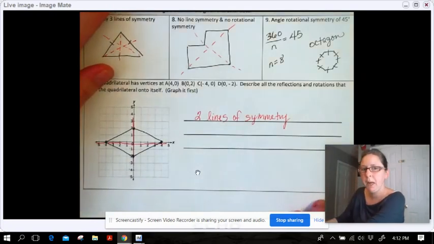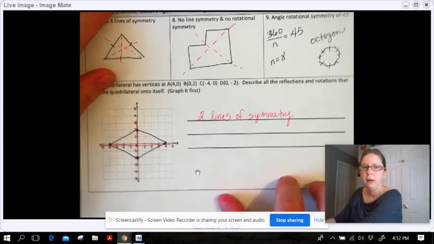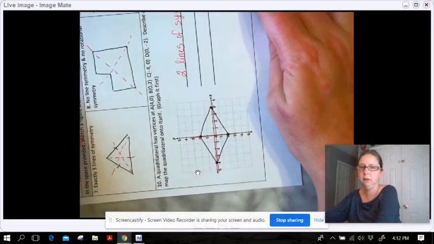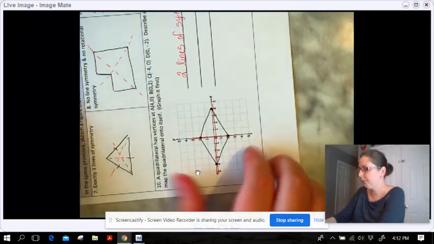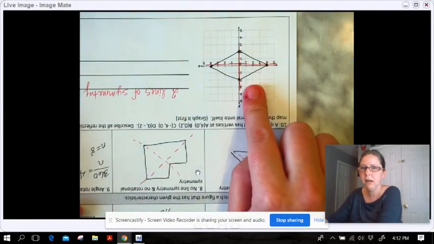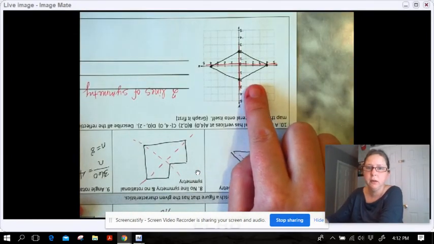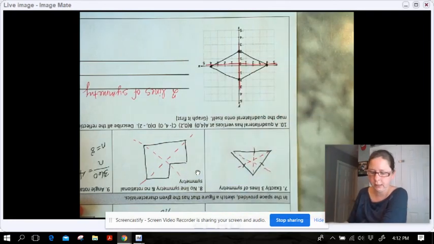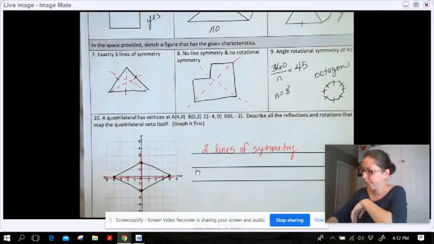So I'm going to take my paper, okay, and if I rotate it 90 degrees, it does not look the same yet. If I rotate it another 90 degrees, it looks exactly the same way that it started. So I went 180 degrees.